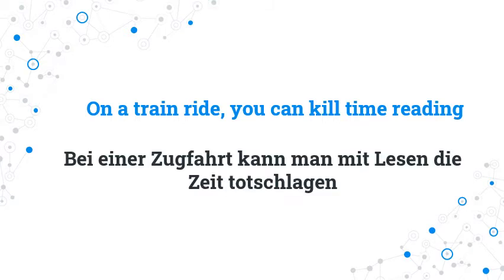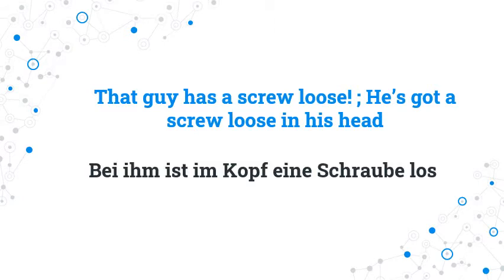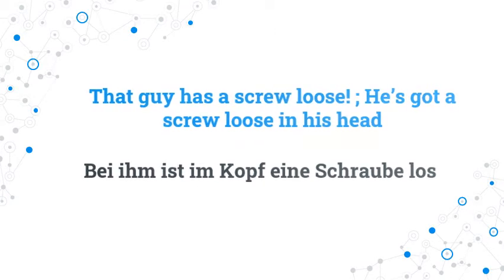Bei einer Zugfahrt kann man mit Lesen die Zeit totschlagen. How do you say, "That guy has a screw loose, he's got a screw loose in his head," in German? Bei ihm ist im Kopf eine Schraube los.